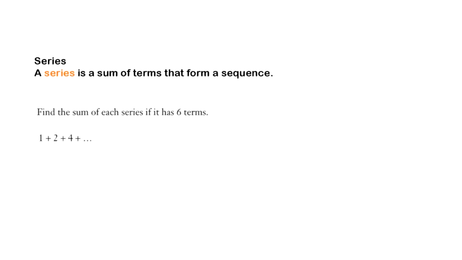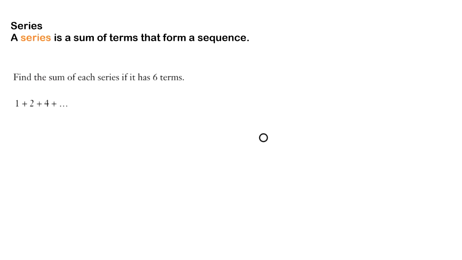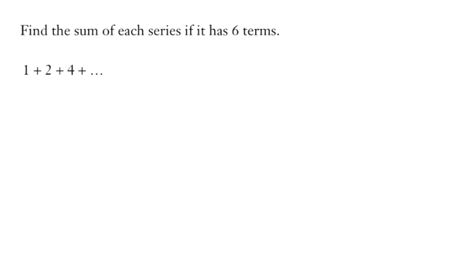All right, the next thing we have is something called a series. A series is just the sum of all the terms that form a sequence. So here we have an example. We have 1 plus 2 plus 4 plus something. The pattern here is that each time we're increasing by 2. Sorry, we're timesing by 2.